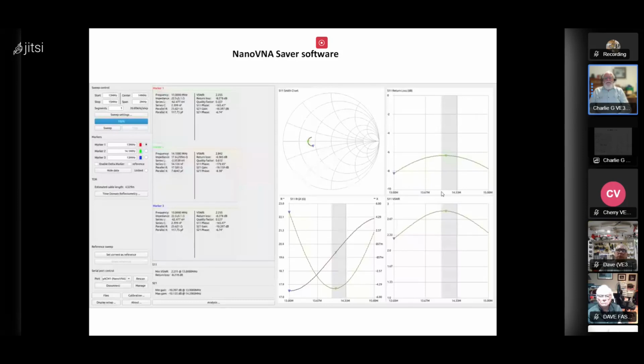Coming back to our old buddy, the NanoVNA, one of the main complaints we get from folks is it's got this teeny tiny screen and I can't read it, and I stick it under a magnifying glass and it's still hard to read, and I touch buttons on it and the wrong thing happens because my finger is way fatter than the area where the touch screen is supposed to be.